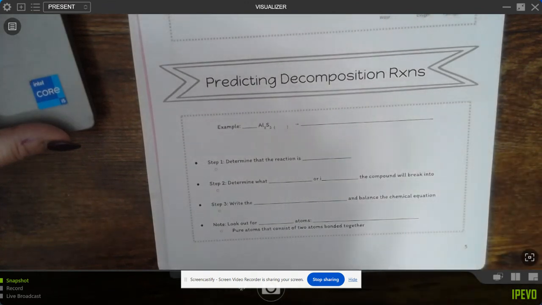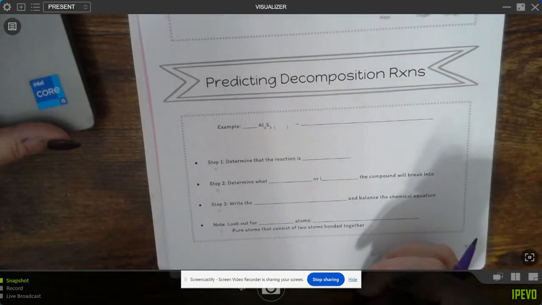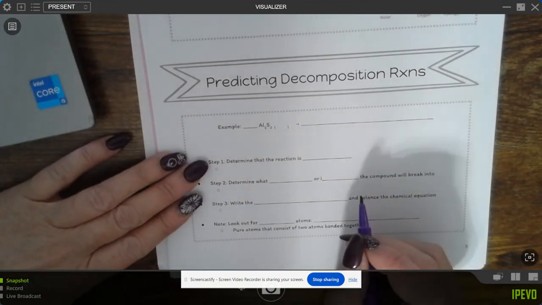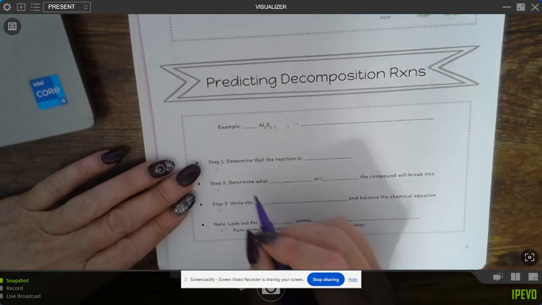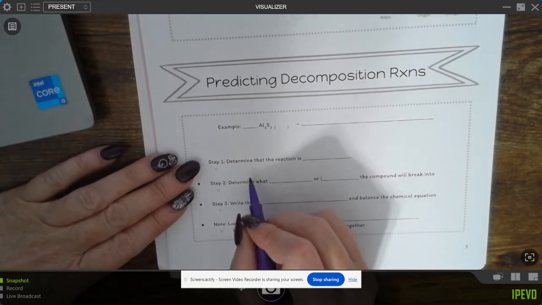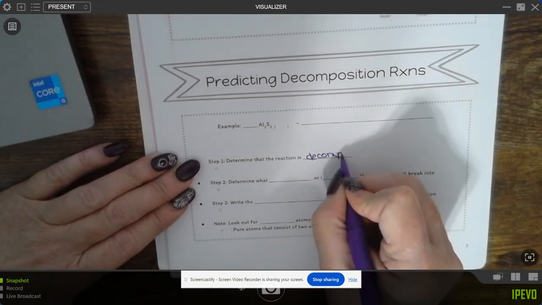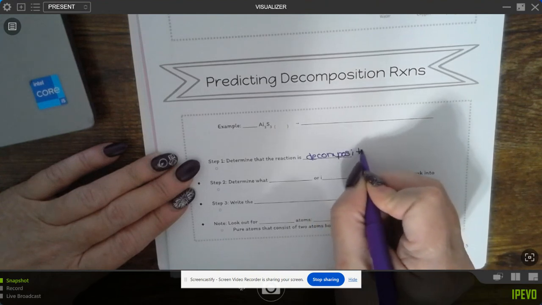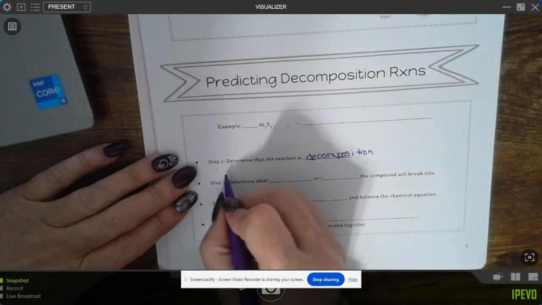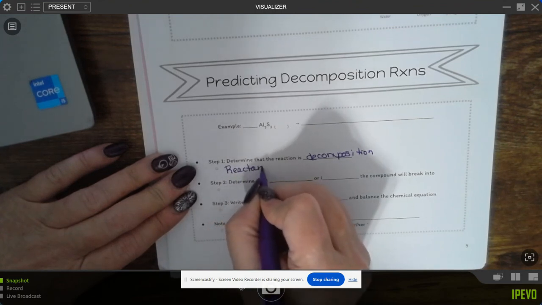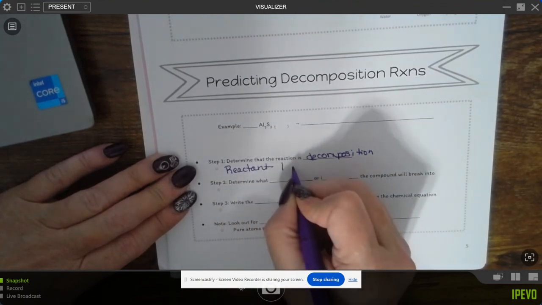If we want to predict decomposition reactions, the first thing is that we determine that the reaction is a decomposition. The way that we do that is that we only have one reactant, one compound.